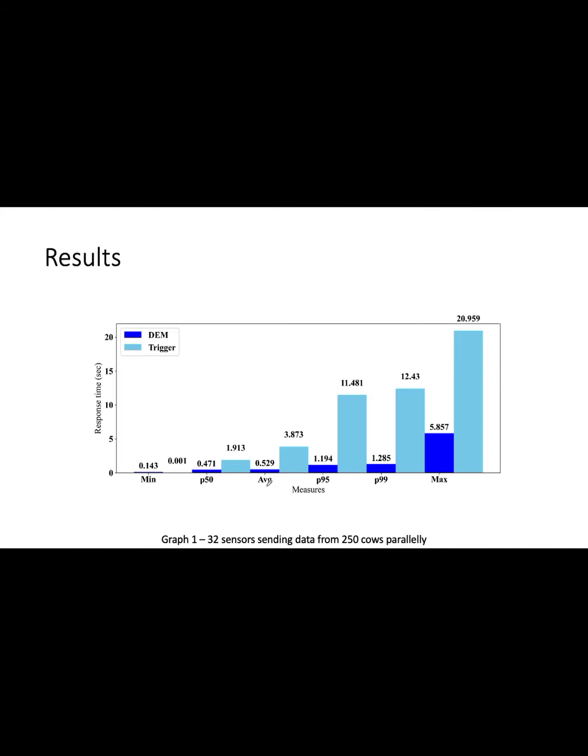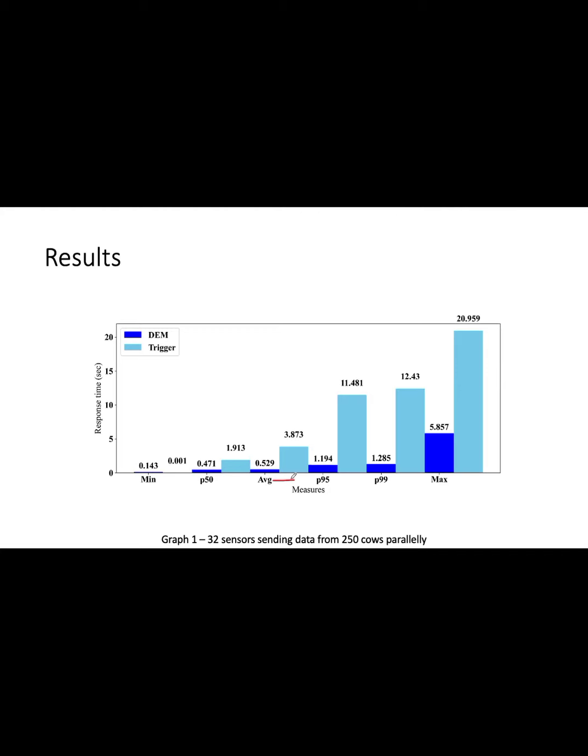Okay. And just to highlight here, for example, P50 for the data extraction magnet is 0.471 seconds, whereas this same measure for the trigger technique is 1.913 seconds. We have here a great performance of the data extraction magnet.